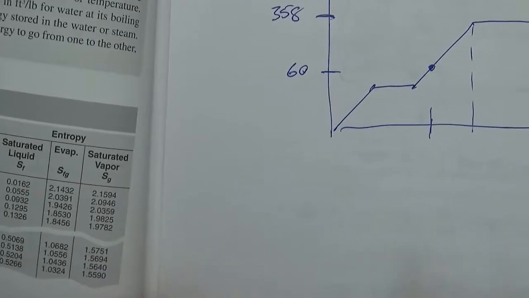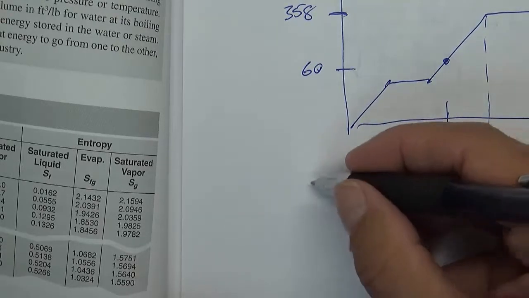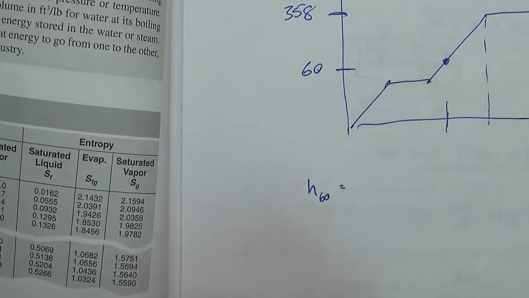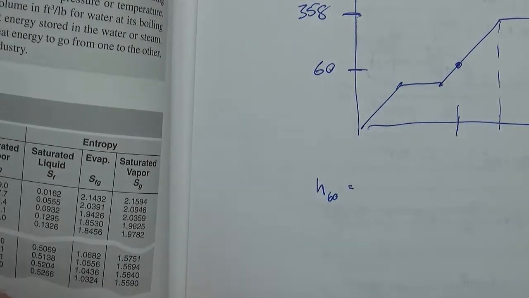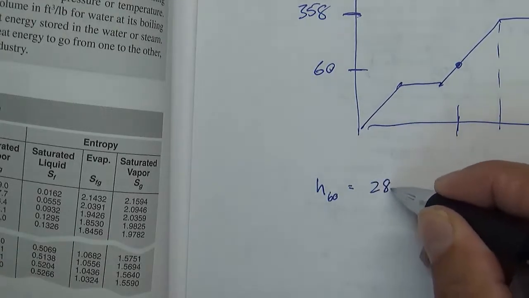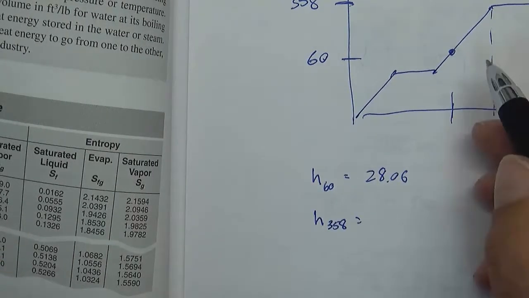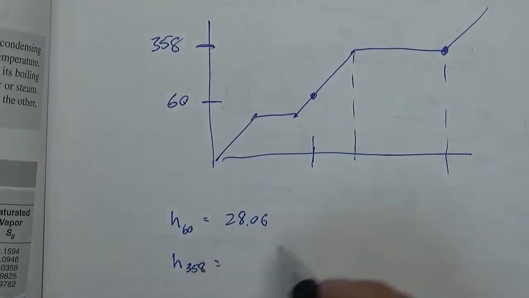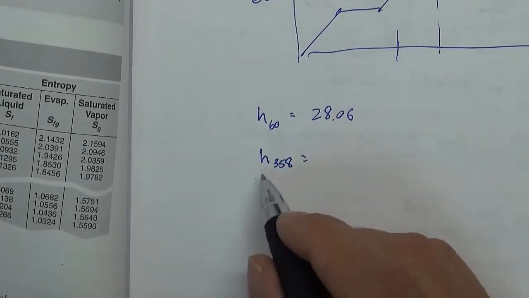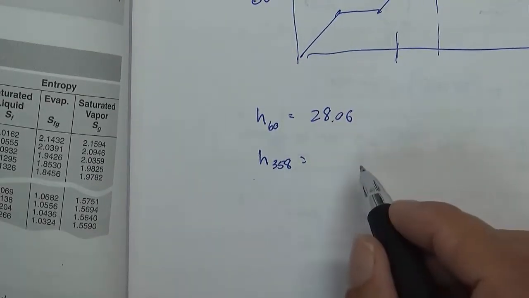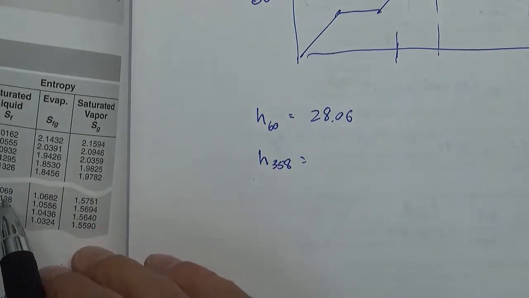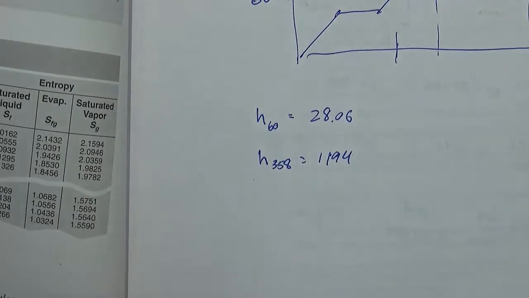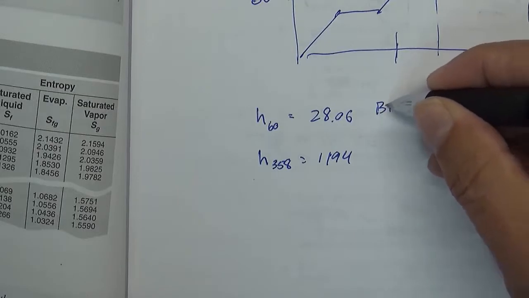So to get from 60 degrees Fahrenheit, we just use our old answers. H at 60 is equal to, we looked it up here, 28.06. We have enough information, I can go directly from here to here. So I can go straight from here to here. So let's just do that. I'm going to write H for 358 for the saturated steam, and we know that that is 1194. These are in BTU per pound.